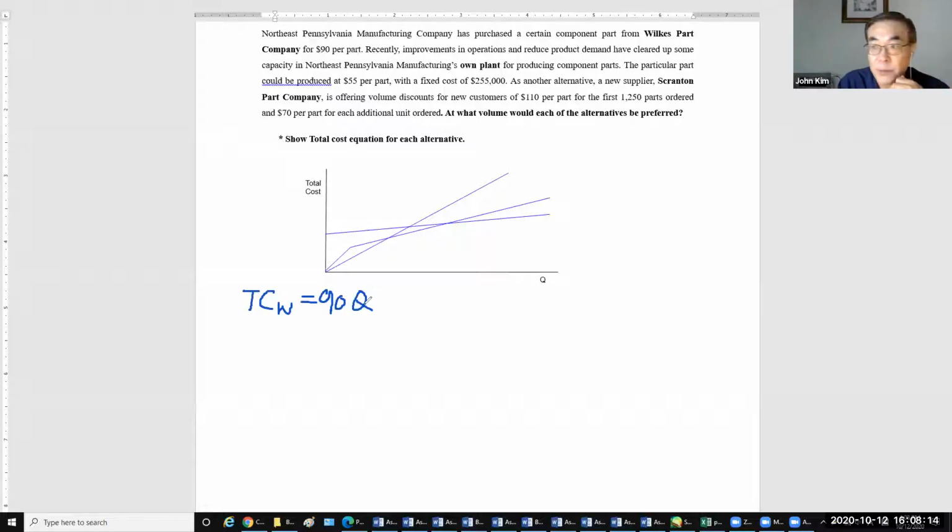So there is no fixed cost. And then next option is produce own plant. So TC, let's say own plant equals $255,000 fixed cost plus 55 variable cost and Q.